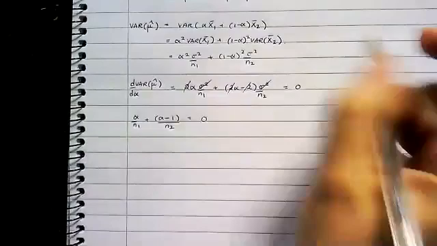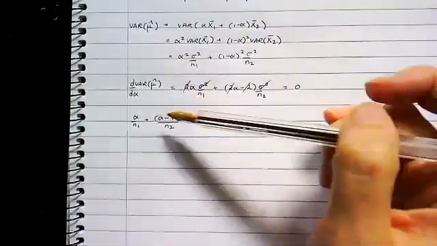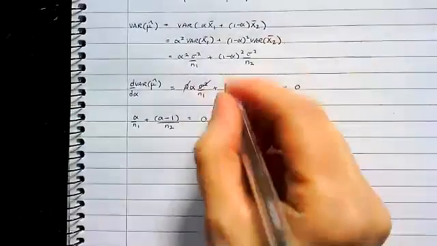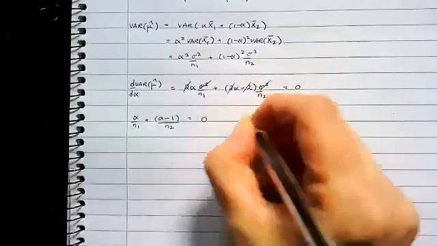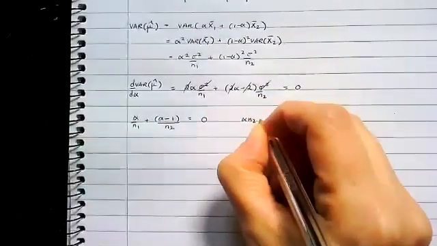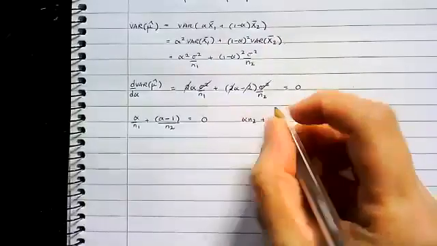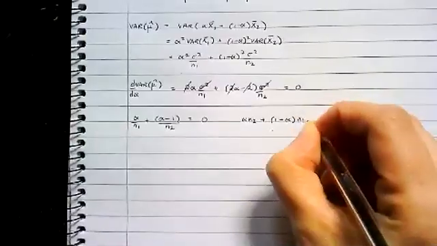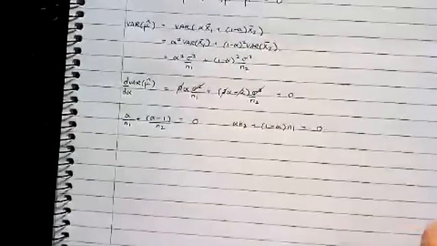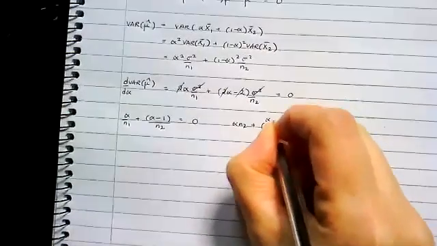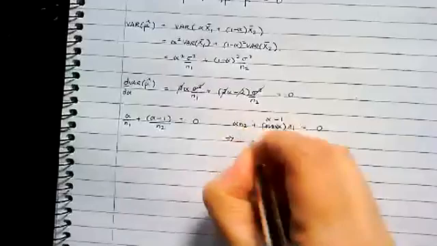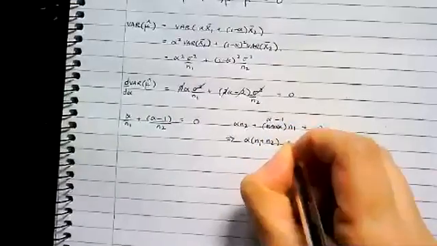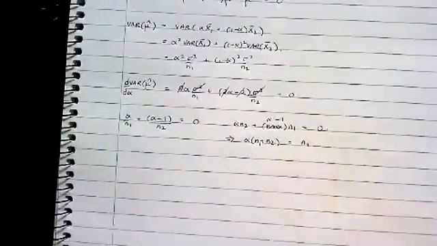Okay, and then if I multiply both sides by n1 and by n2 and rearrange, I get alpha n2 plus alpha n1 minus n1 equals 0.